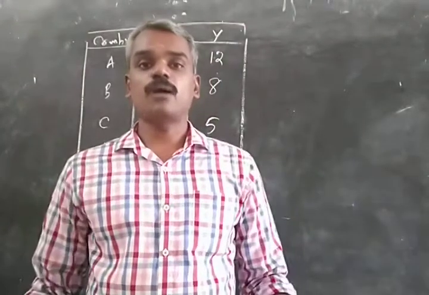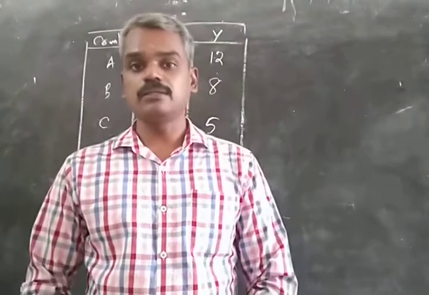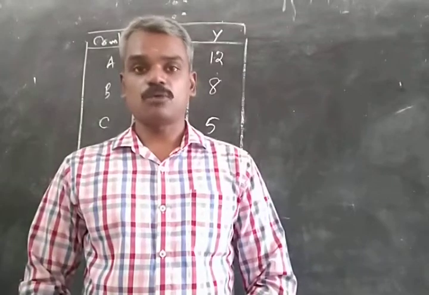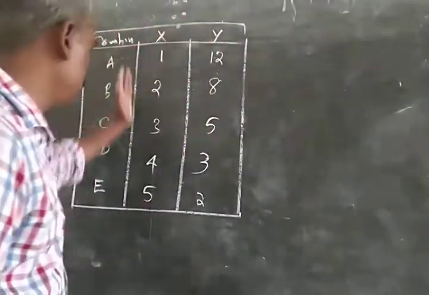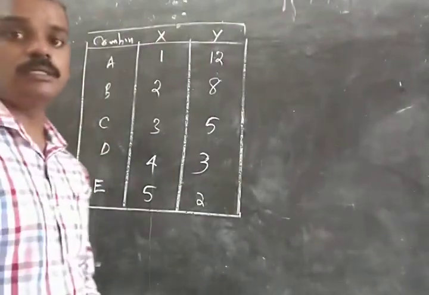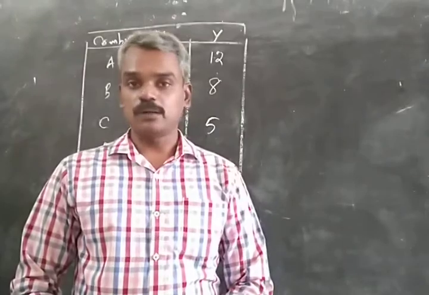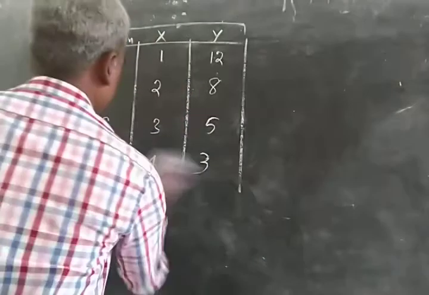So for every fall in Y, the consumer is compensated by an increase in X, so that he is neither worse off nor better off. That is, he is indifferent between A, B, C, D and E because all these combinations give him an equal level of satisfaction. The same thing can be graphically expressed.